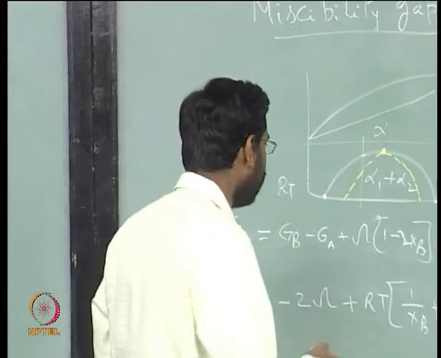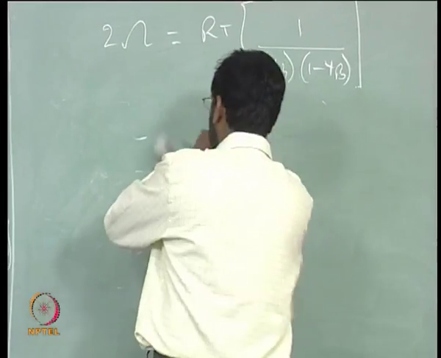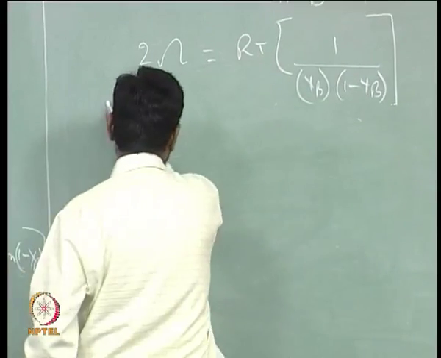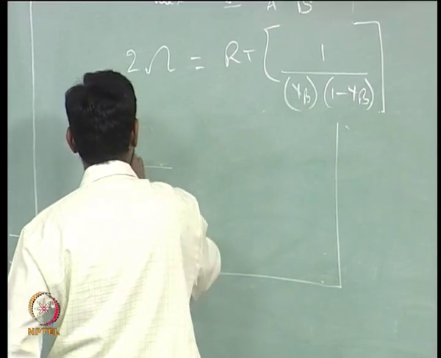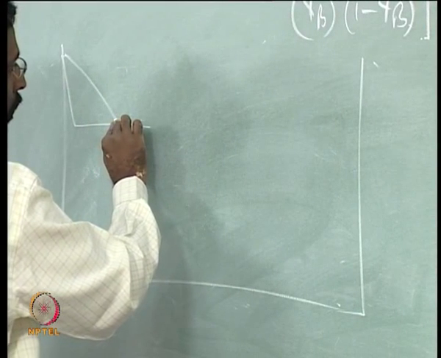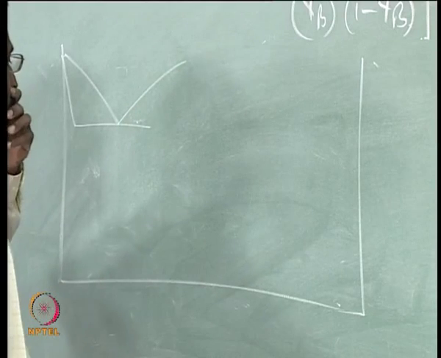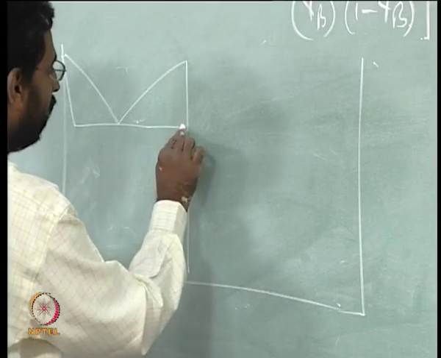In fact there are many interesting cases, I would show you one. If you have a phase diagram which looks like this, okay, let us look at this. Take a case like this.